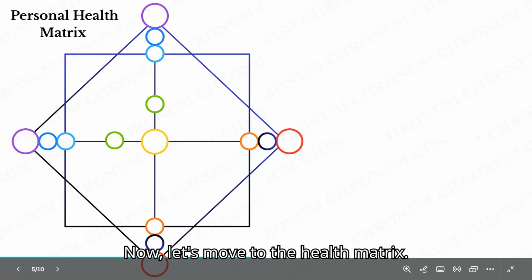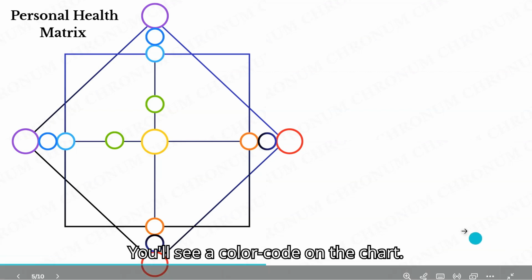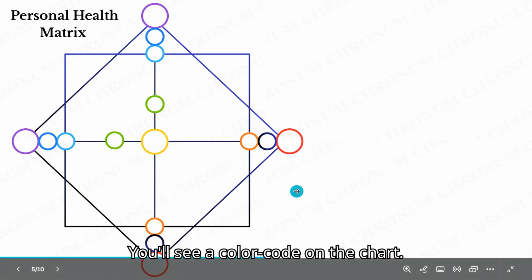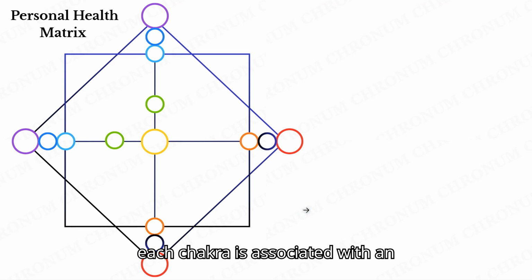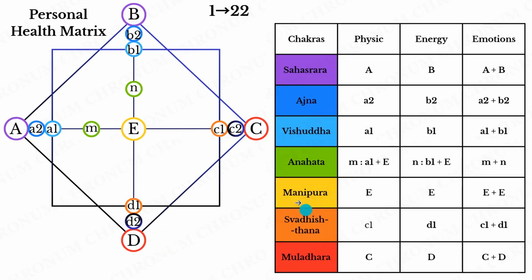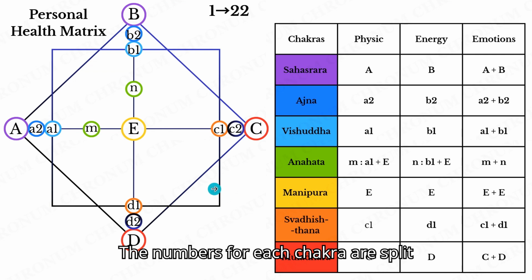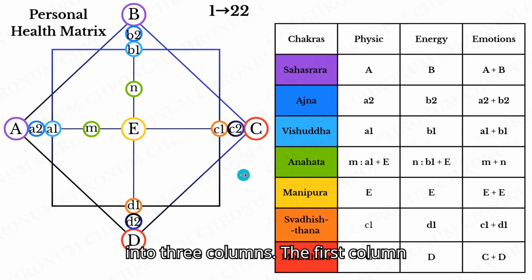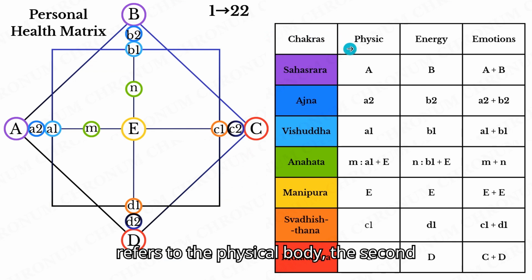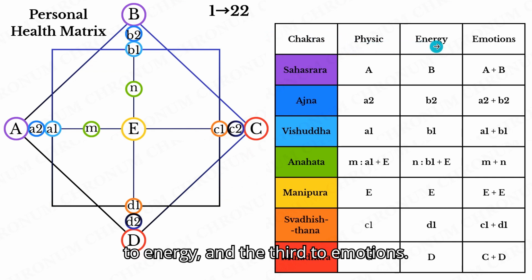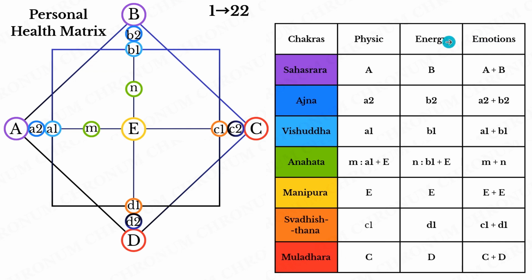Now, let's move to the health matrix. You'll see a color code on the chart. Each color is linked to a chakra, and each chakra is associated with an organ or a physiological system. The numbers for each chakra are split into 3 columns. The first column refers to the physical body, the second to energy, and the third to emotions.